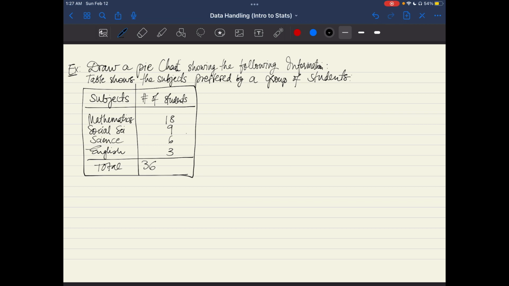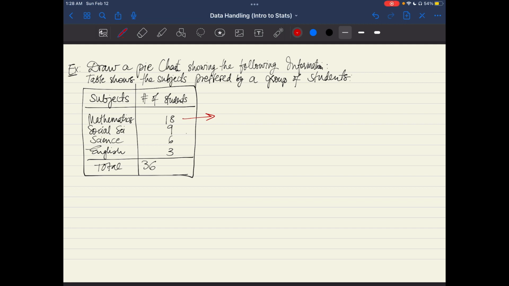Now, in order to be able to represent this data on a pie chart, we need to find out the internal angles for each sector. For each sector, which is a sector for mathematics, for social sciences, for sciences, and for English. So let's start with that. Let's start with mathematics here.